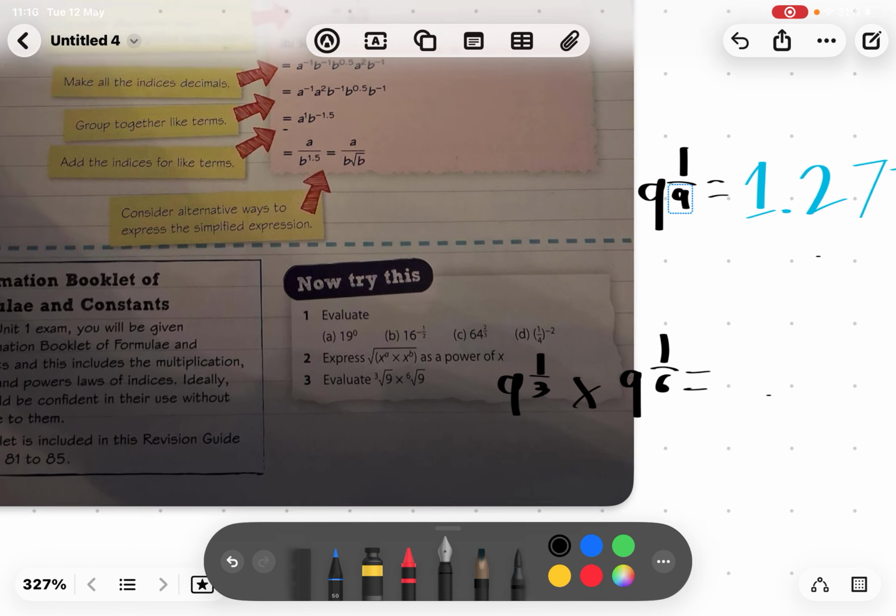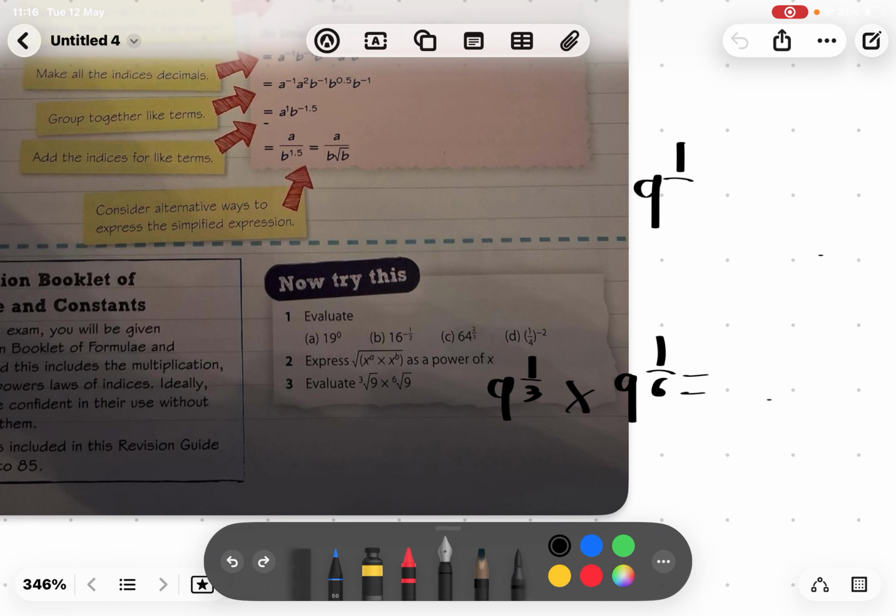No, it wouldn't be. What would it be then? I kind of forgot how to add the numbers. 1 over, no, that's 3. 1 over here, 1 over 6. Aha, so look.